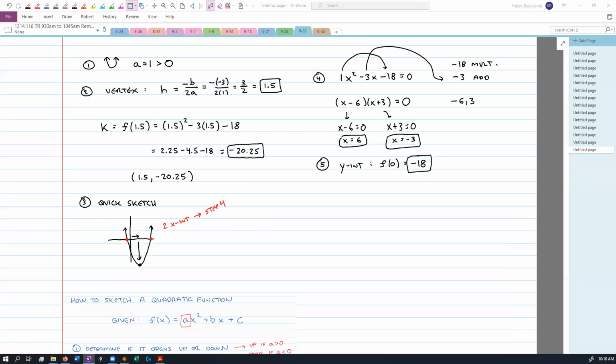Okay, I'm at a point where I'm ready to graph it, but I'm going to wait. There's only 5 out of 22 that have said they've completed it, so we'll go a few more minutes.